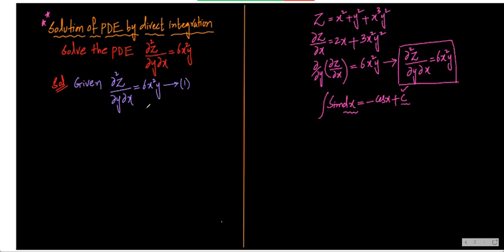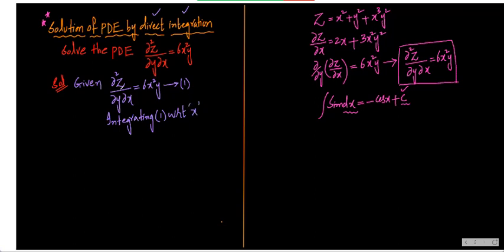In a normal problem we are differentiating with respect to x. Today we are discussing integrating. So we integrate first with respect to x. Integrating equation number 1 with respect to x.